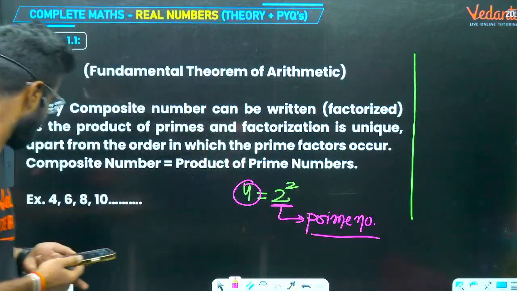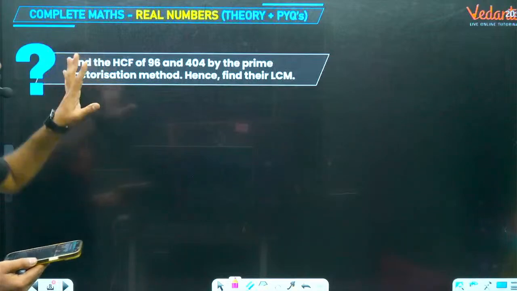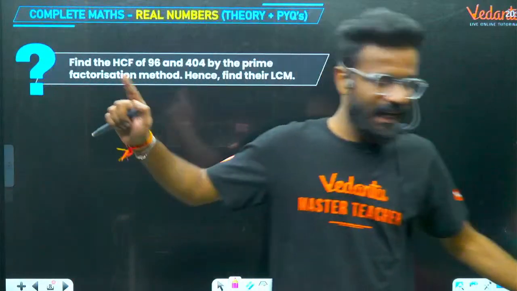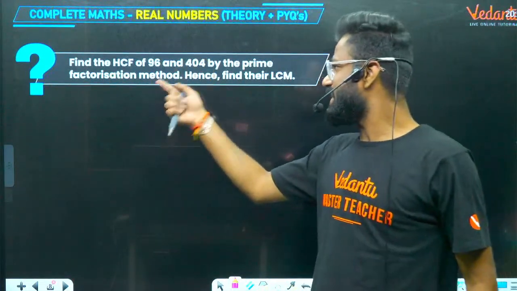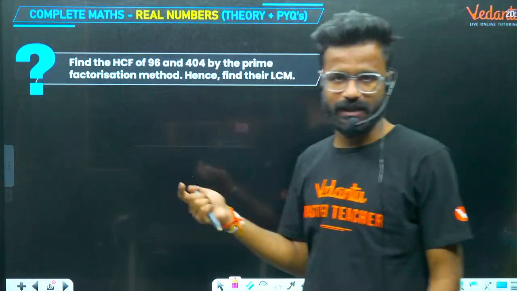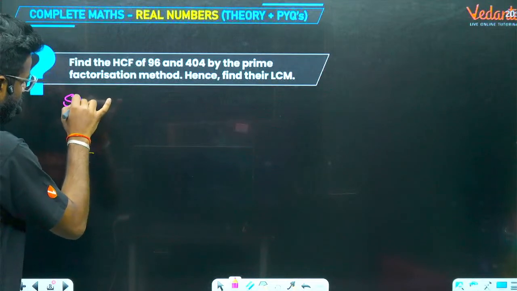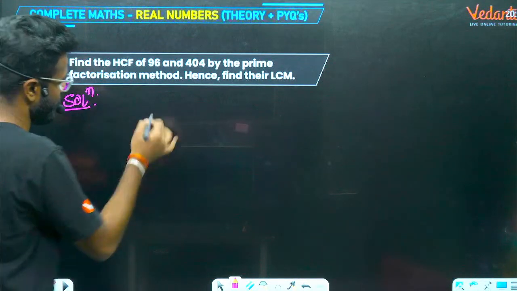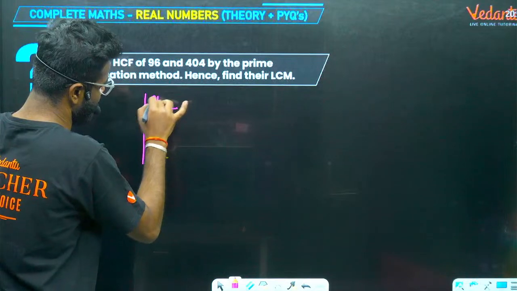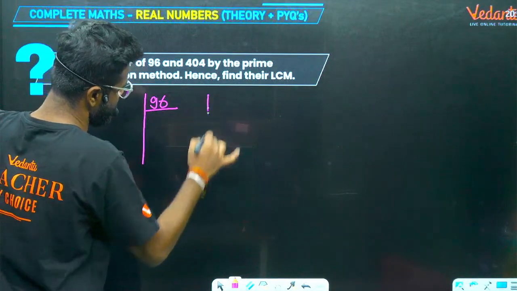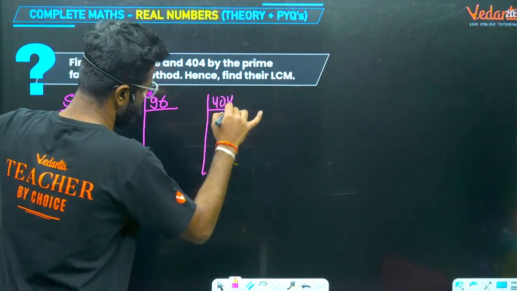Right. See, now the question is: find the HCF of 96 and 404 by the prime factorization method, hence find their LCM. So it's simple. You have to find the prime factors of 96 and 404.